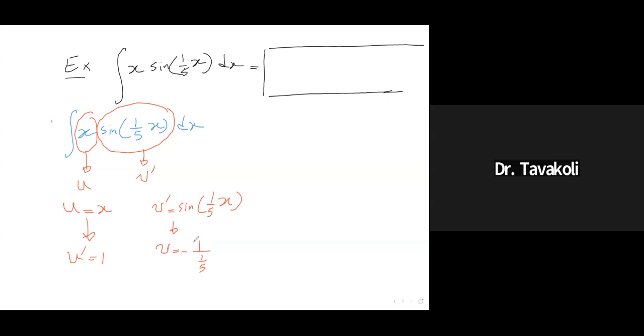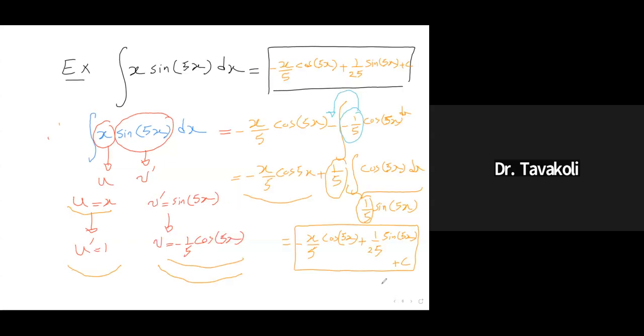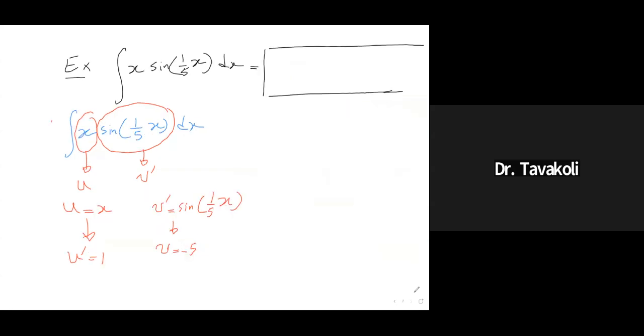In the previous example, that v was minus 1/5 because k was 5. But in this example, k is 1/5, so 1 over 1/5 is 5. So minus 5 cosine of 1/5 times x.